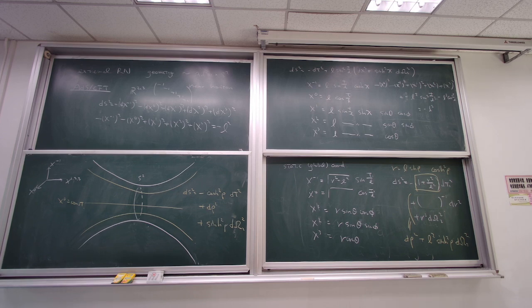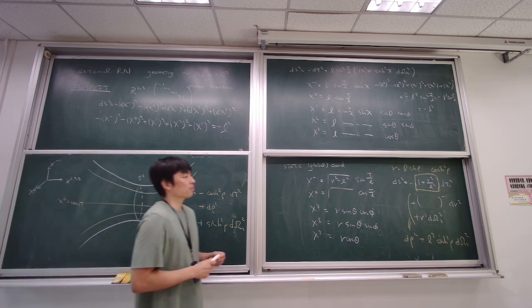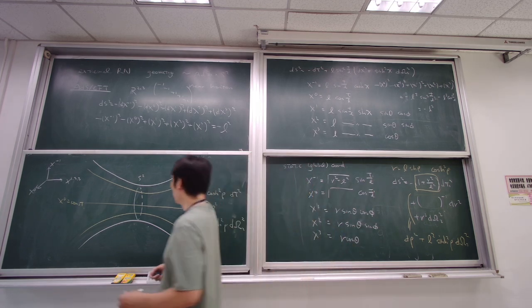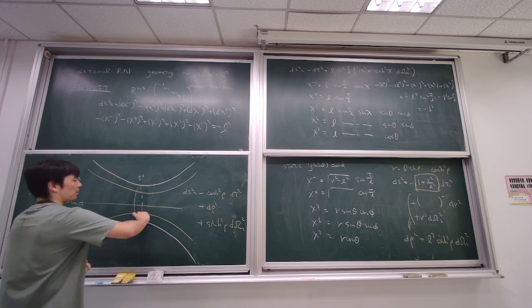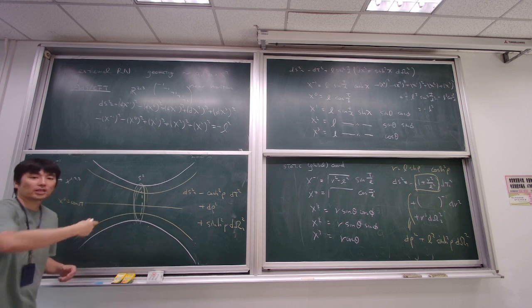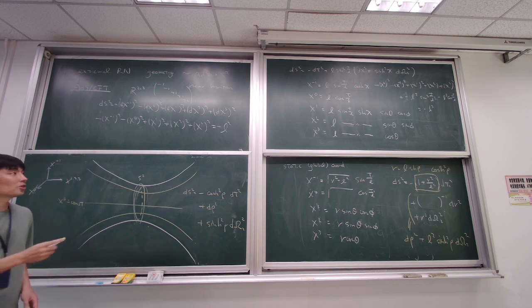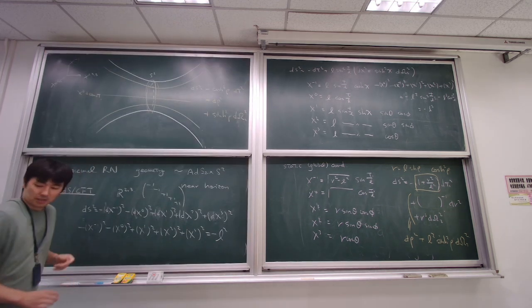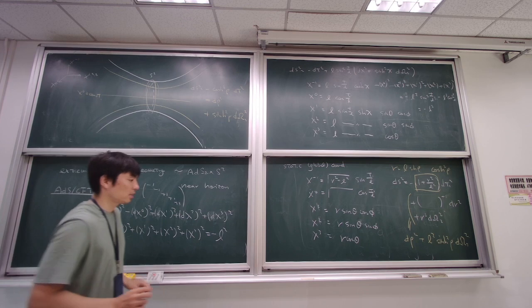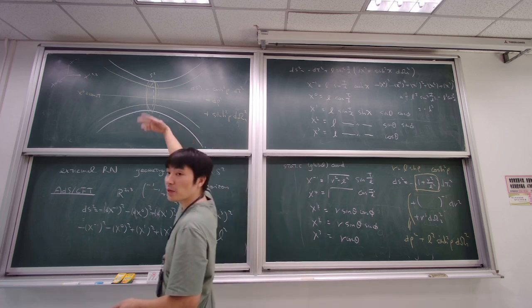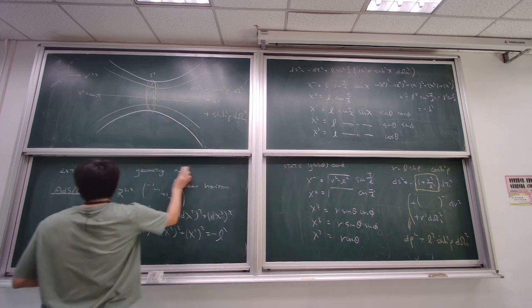So in this case, now t takes the value inside of here. So therefore t just wraps many times this way. If you look at this one, it's some covering of this space.